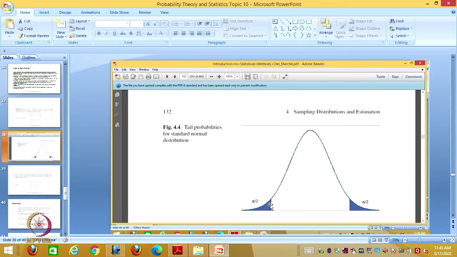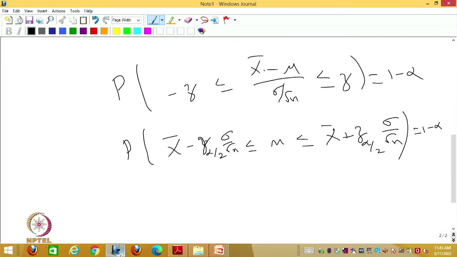Therefore, whatever I have derived, the probability that mu lies between this interval is 1 minus alpha. That means I can say it is 1 minus alpha, 100 percentage.